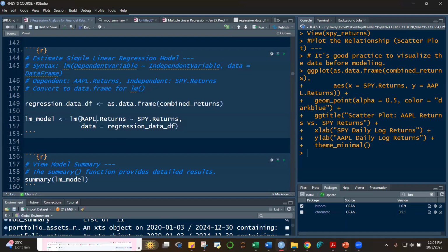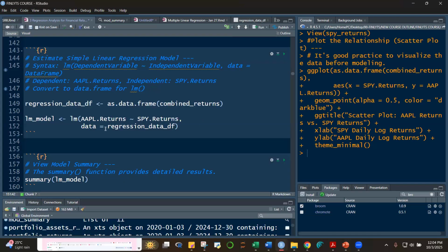We define the dependent variable, Apple returns, and then here you have your tilde, and then your SPY returns. This is your independent variable. If you have several independent variables, then just plus whatever independent variables you have, plus x2, plus x3, etc.